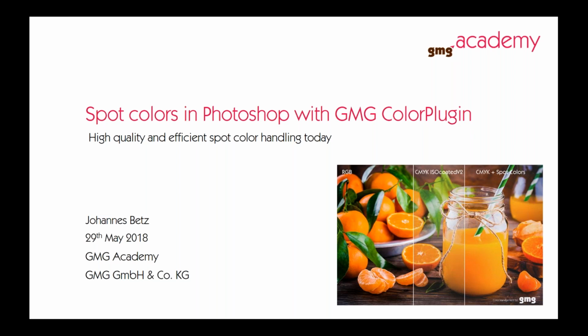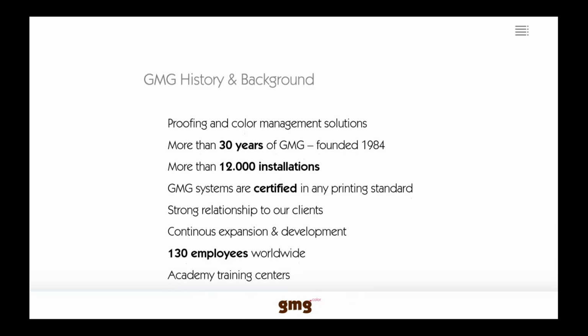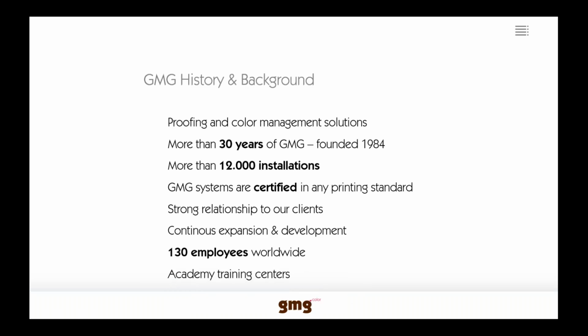We have a lot to do in the next 30 minutes. For those of you who may not be so familiar, what is GMG doing? We are a software solution developer regarding proofing and color management solutions. Everything that has to do with colors, brand colors on packaging, and also illustration is our topic.